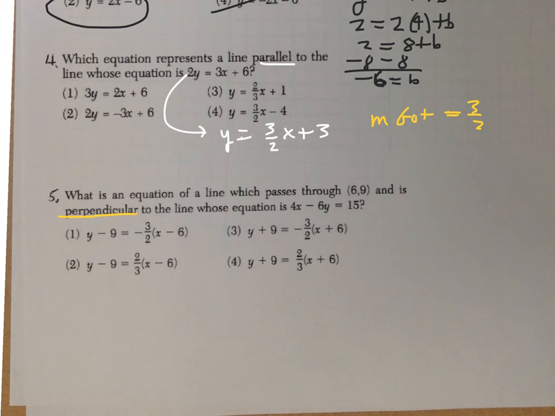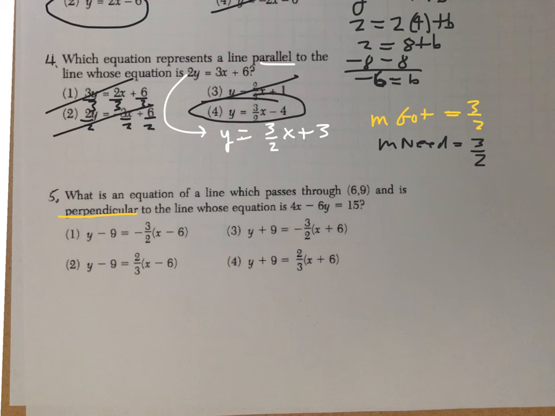The slope that I need, well, I need something that's parallel, so it'll be exactly the same slope. So we're looking for a slope that's 3 over 2, so it couldn't be this one. This one here has a slope that's negative 3/2, so it's not that one. This one has a slope that's 2/3, so it's not that one. It must be choice 4.